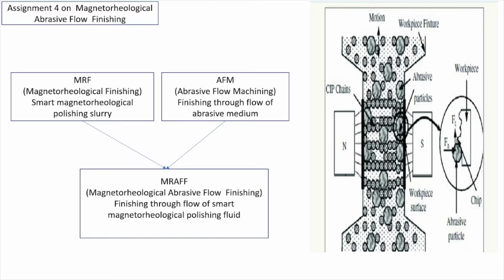The magnetic field changes the viscosity, so the iron particles align and form a stiff structure on the wheel. The abrasive particles concentrate as a solidified thin polishing layer on the surface. The workpiece is clamped to a movable holder and dipped into that polishing layer on the surface to be machined.